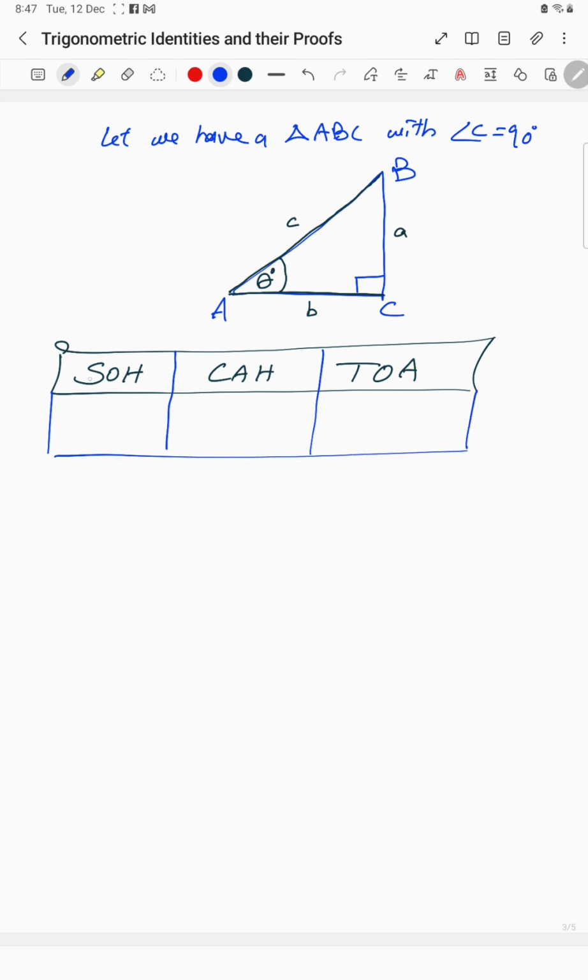These identities show us that sine theta is opposite upon hypotenuse, opposite is A and hypotenuse is C from the figure, and cos theta is adjacent over hypotenuse, that is B over C. Tan theta is opposite upon adjacent, that is A over B. From this figure we know that.